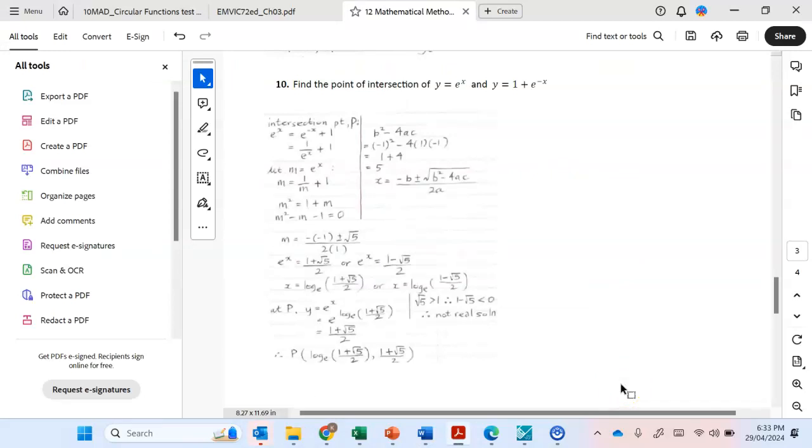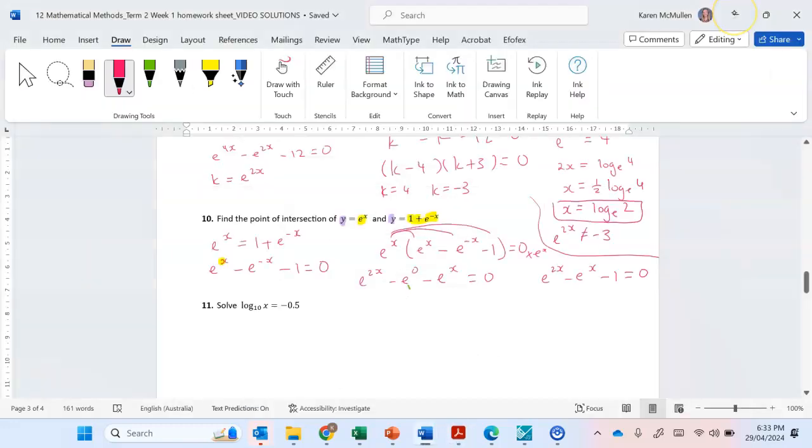You can see the use of the quadratic formula here. Because we don't have much space, let's just set it up first. Using your favorite letter k, they've used m.